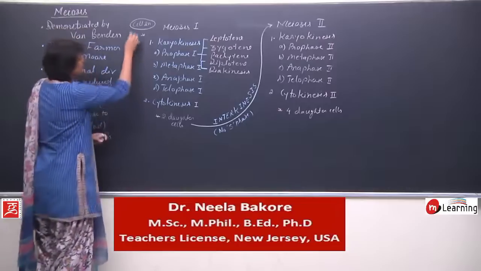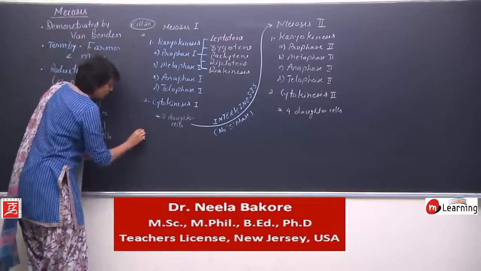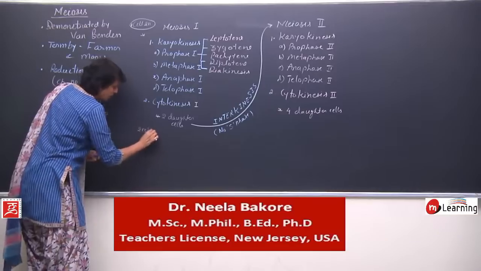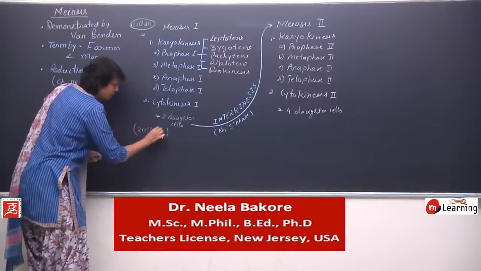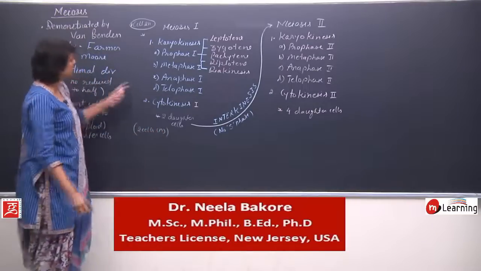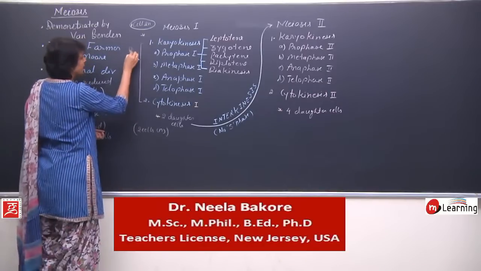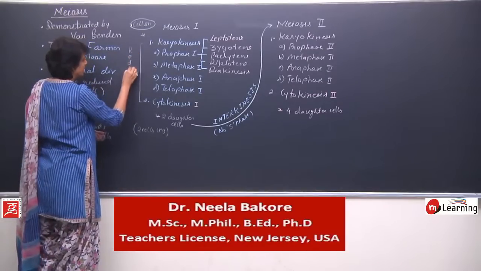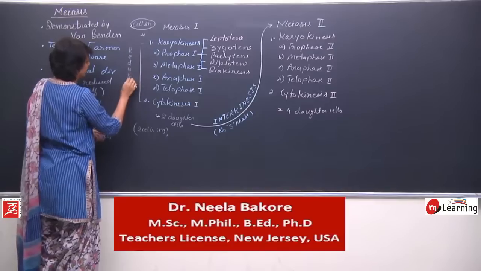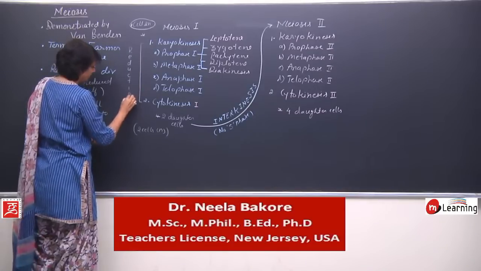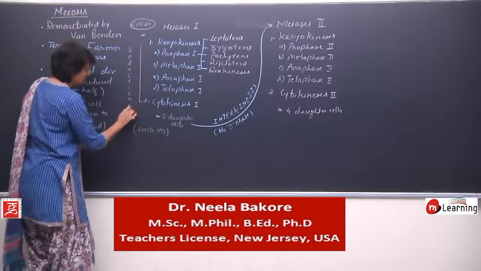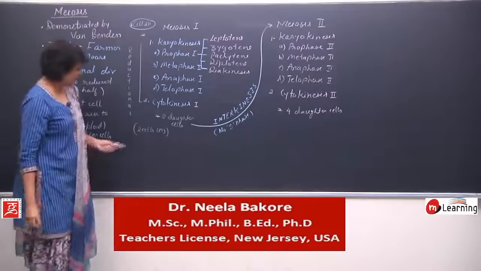So here one cell, we will get 2 cells with n number of chromosomes, that is half the number. So meiosis 1 will be called reductional division. It is known as reductional division.